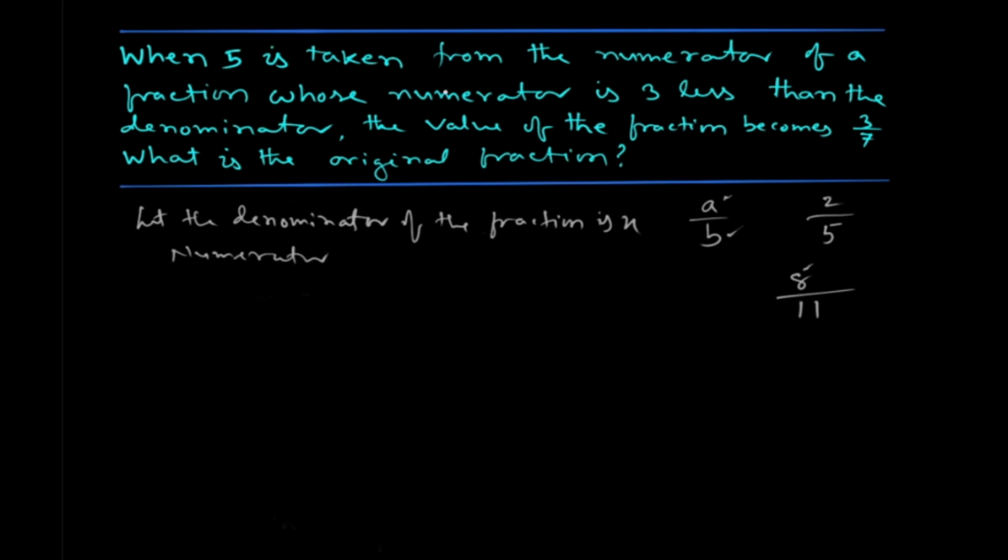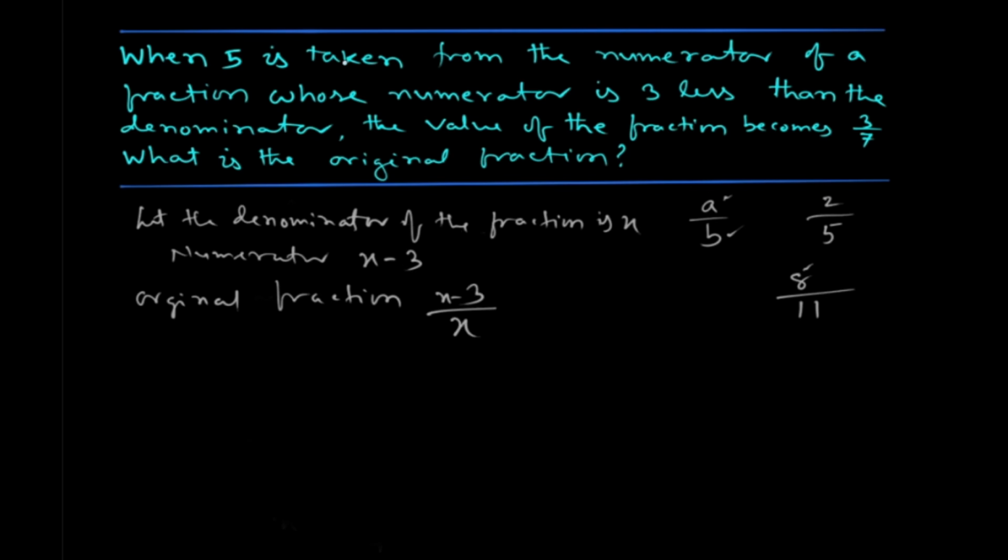The numerator is 3 less than the denominator. That means the numerator will be x minus 3. So now our original fraction becomes x minus 3 as the numerator and x as the denominator. So this is the original fraction.